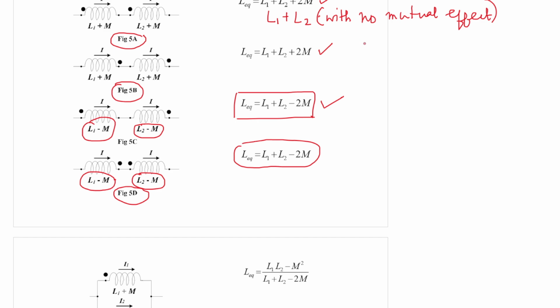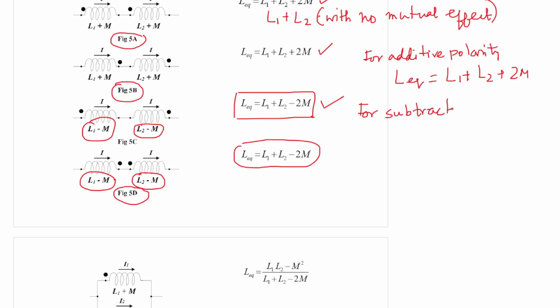So for additive polarity, L equivalent is equal to L1 plus L2 plus 2M. For subtractive polarity, we have L1 plus L2 minus 2M.